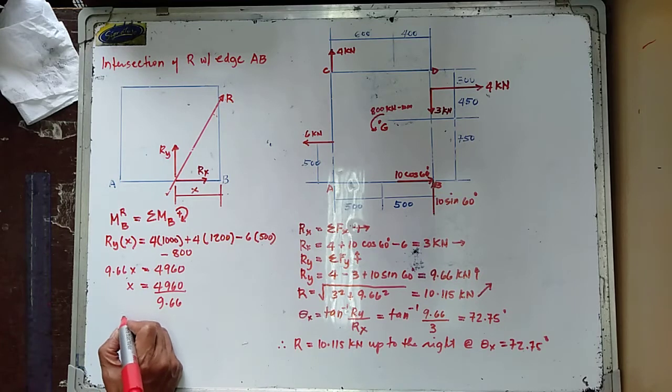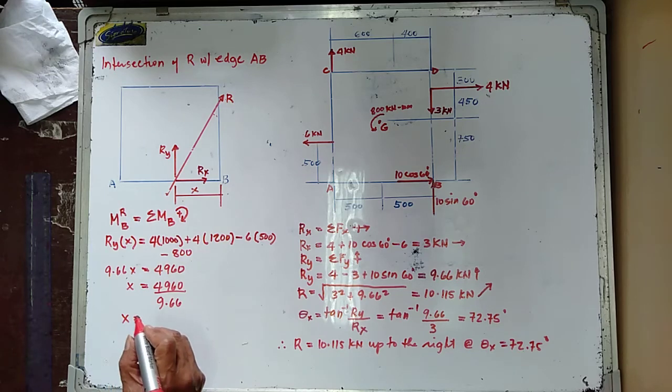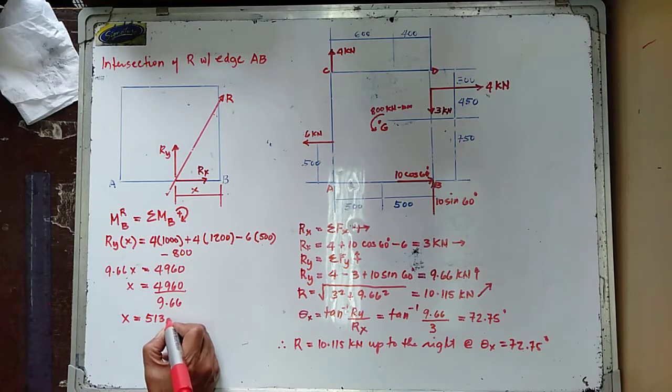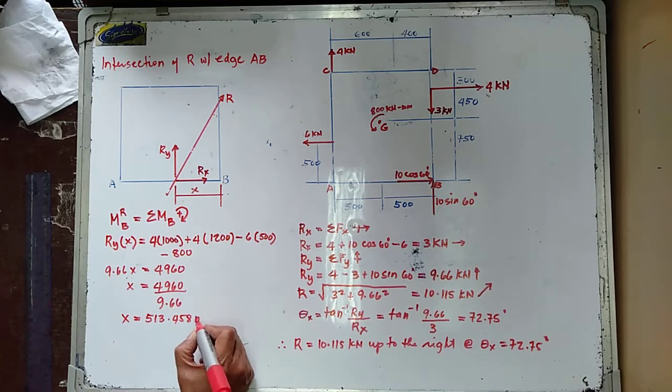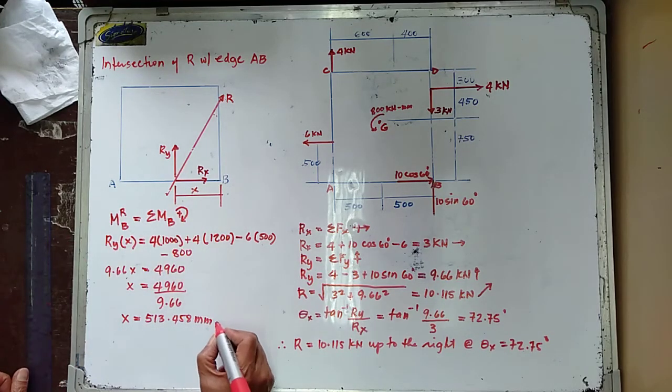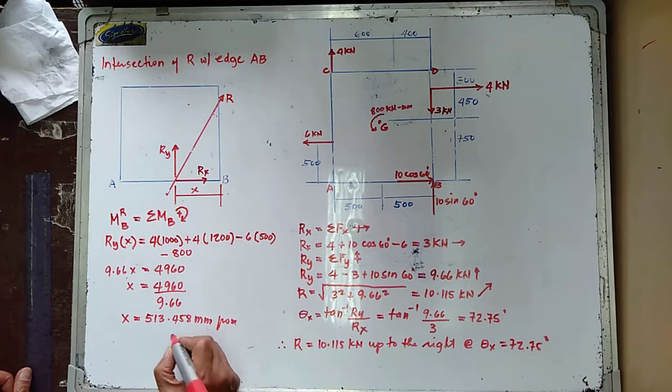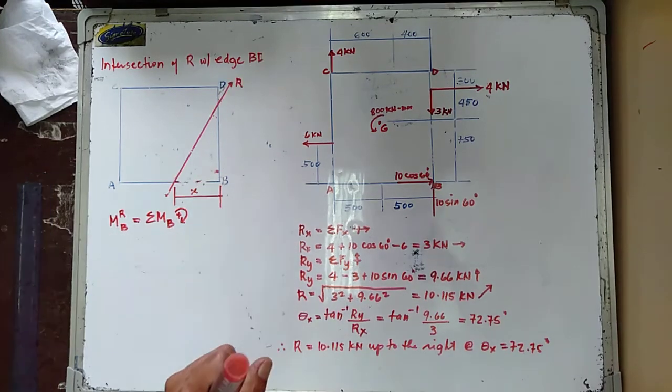And therefore, the value of X is now equal to 513.458 mm. So that is from point B.